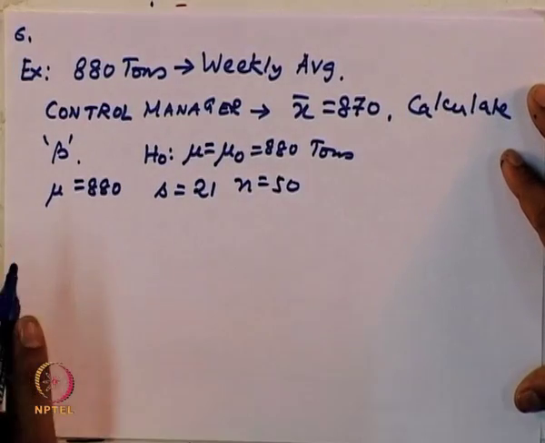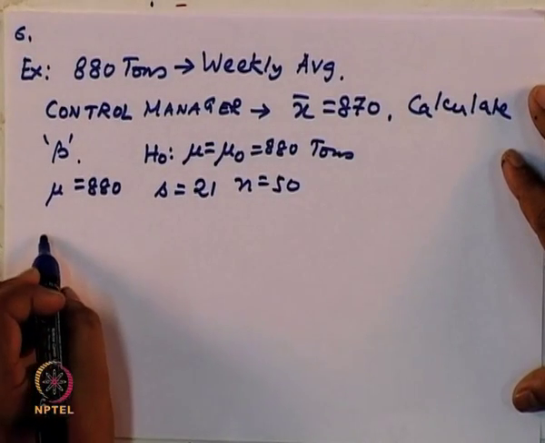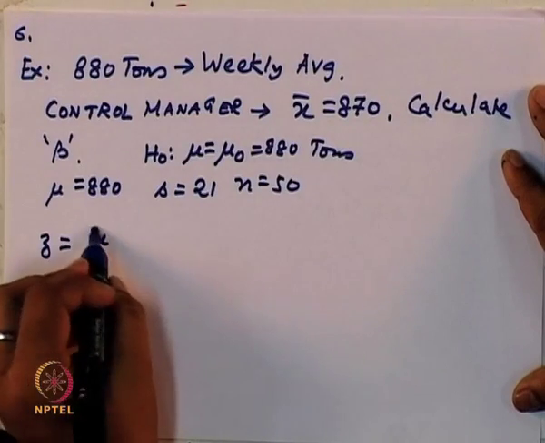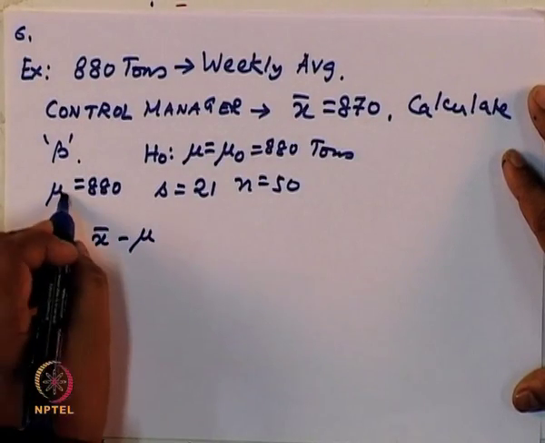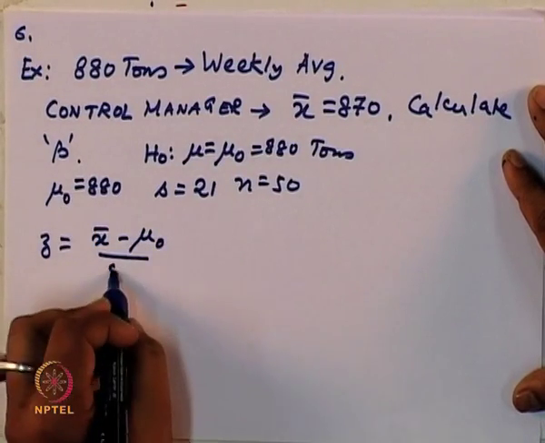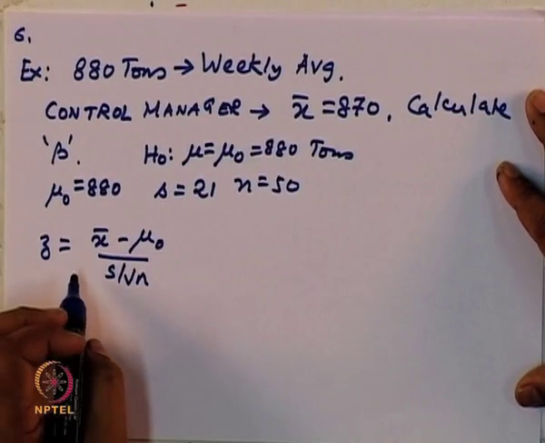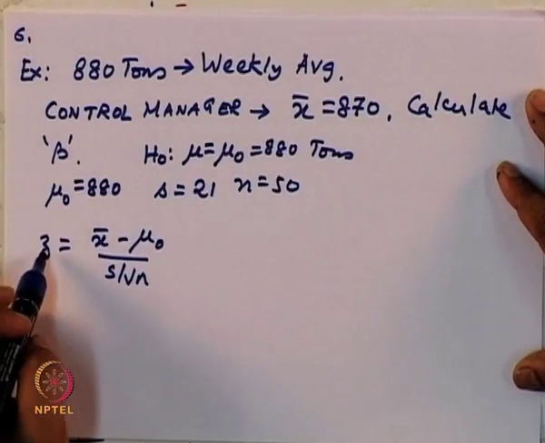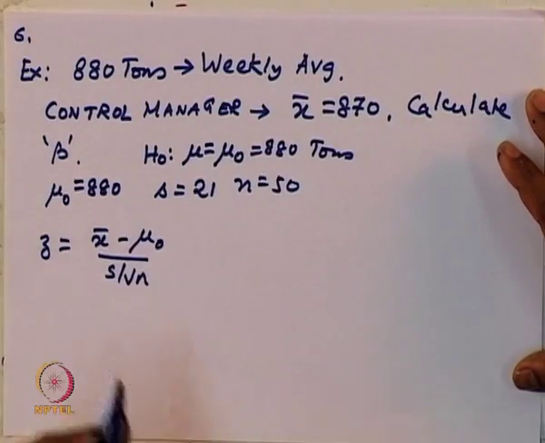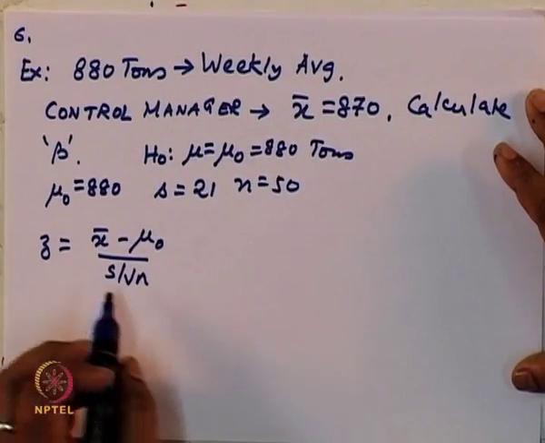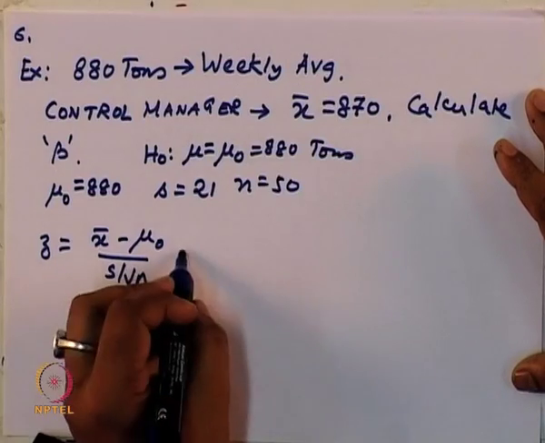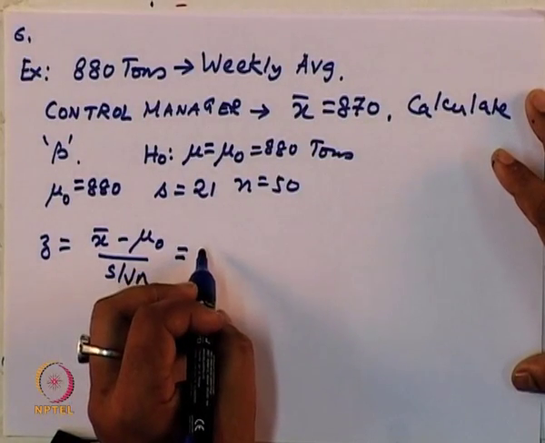So, we calculate Z equal to x bar minus mu naught by S by root n. If you were to reject your H naught, this Z you can calculate the value to be.